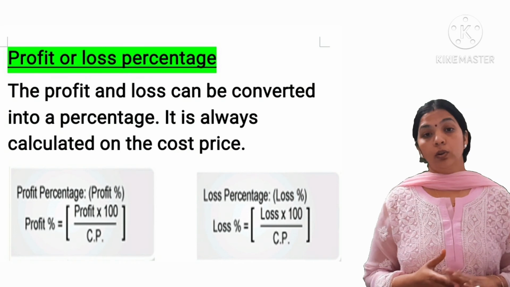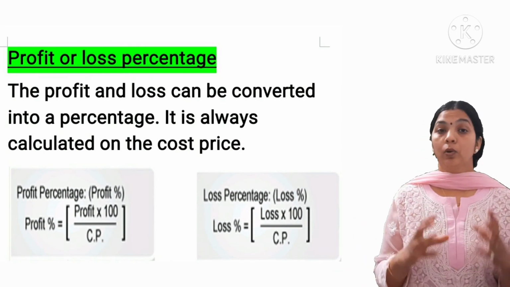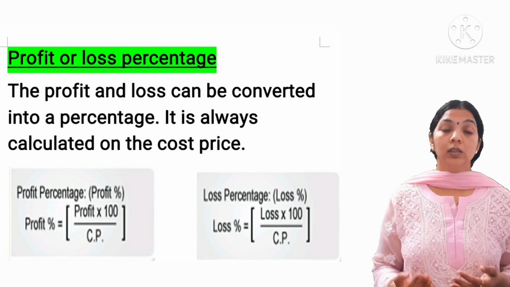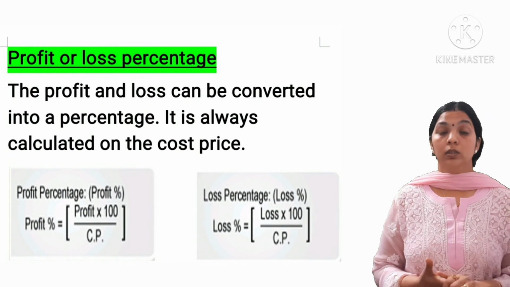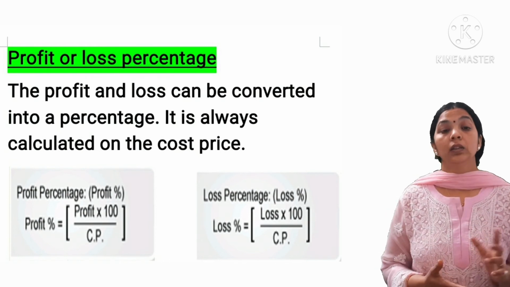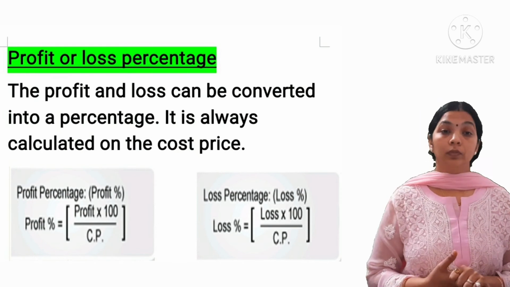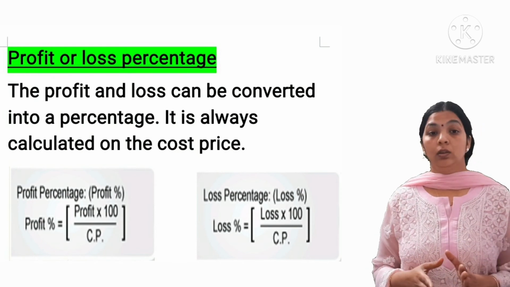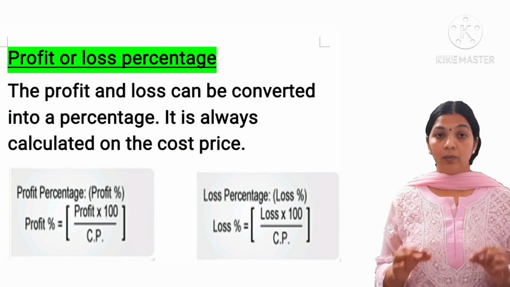Profit or loss on percentage. Now this is what we have calculated, only profit. When we have to convert this into percentage, how much percent profit or loss he or she can have, we have to convert this into percentage. To convert the profit or loss into percentage, it is always calculated on cost price. This is very important.